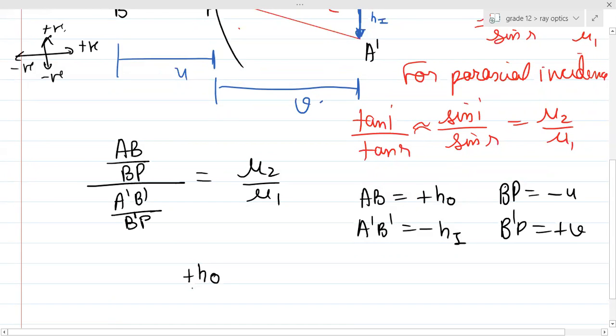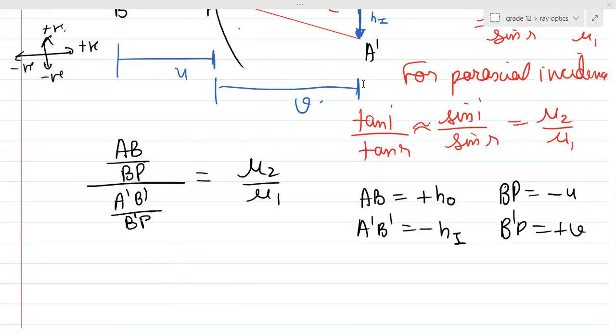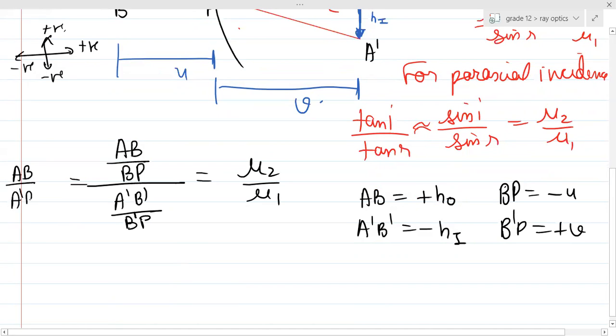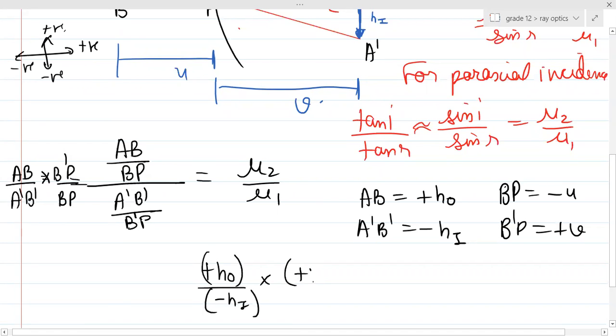So plus HO by, I can solve it a little bit. I can write this as AB upon A dash B dash is equal to BP into B dash P upon BP. So AB is plus HO, A dash B dash is minus HI, B dash P is plus v, BP is minus u, equal to mu2 by mu1.